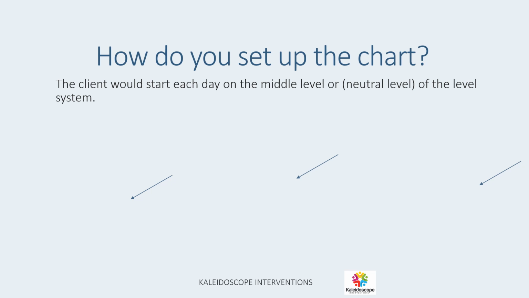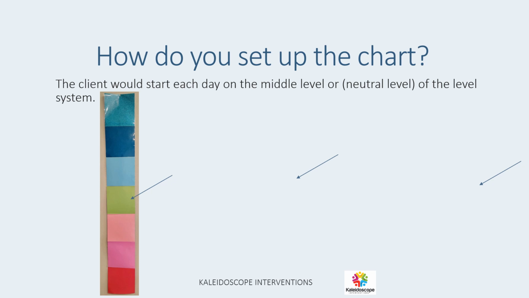All right, so here are some examples of different types of level systems. Again, these level systems should be tailored to your child and your family. You do not need to use or set them up in the same way as these examples. You can set them up in your own creative ways. So in the first example, the client would start each day in the middle of the level system.